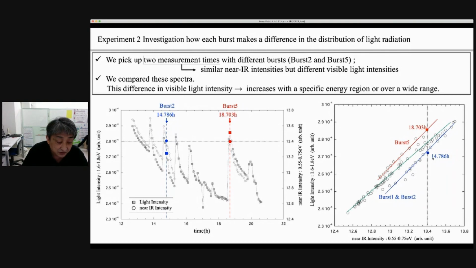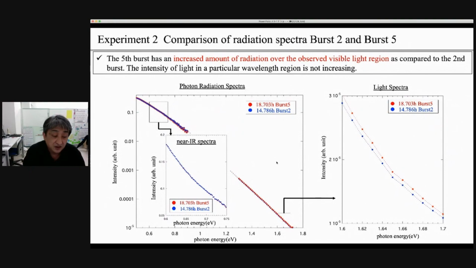This time point is in burst 3 and this one is in burst 5. We compare the spectra at these two times to confirm whether the light intensity is increasing in a specific energy region or in all regions. This is the result of the spectral comparison.